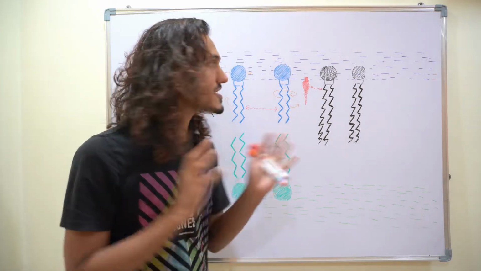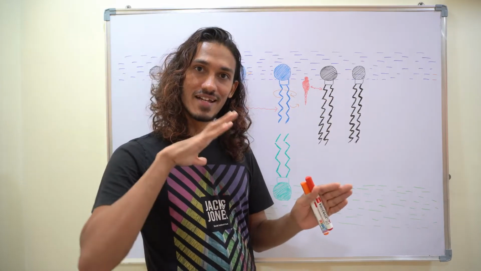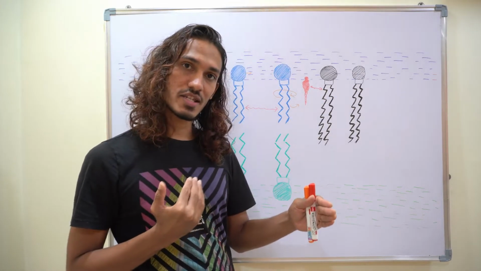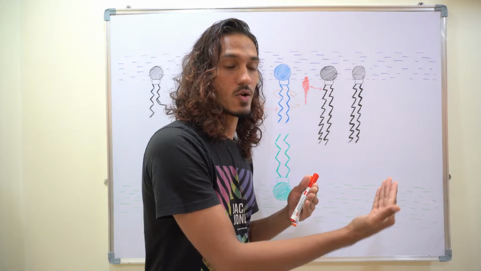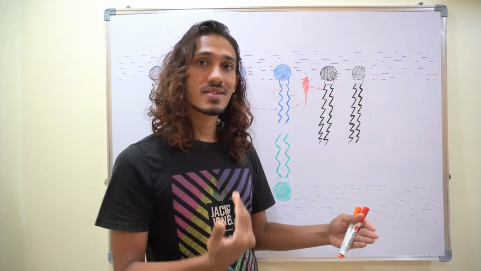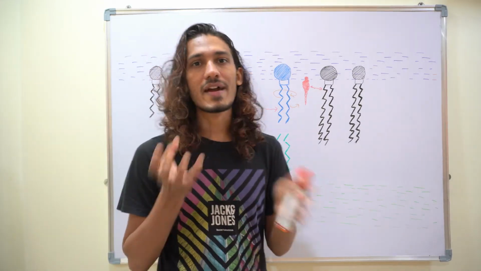So ultimately, above the transition temperature it opposes the membrane going into a fluid state, and below the transition temperature it opposes the membrane going into your gel state. So it acts like a buffer.